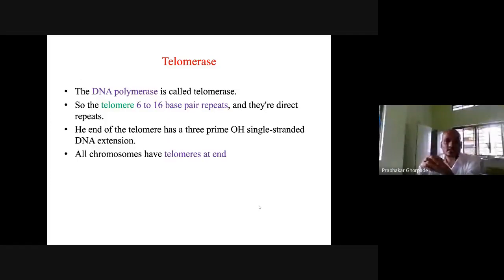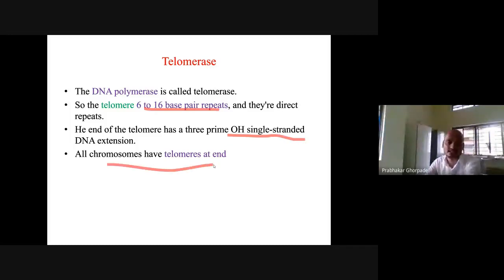The enzyme for this is called telomerase. Telomerase is basically a DNA polymerase, and telomeres are 6 to 16 base pair direct repeats. The end of the telomeres has a 3' OH single-stranded DNA extension, and all chromosomes have telomeres at the end.